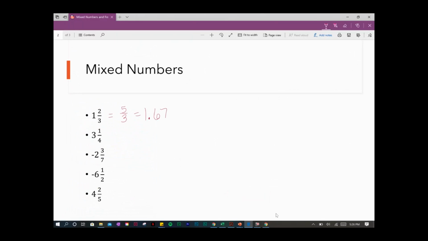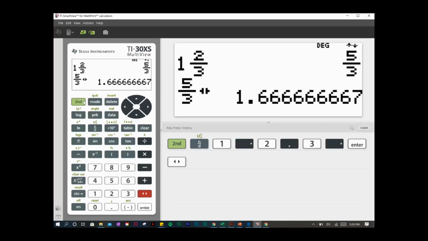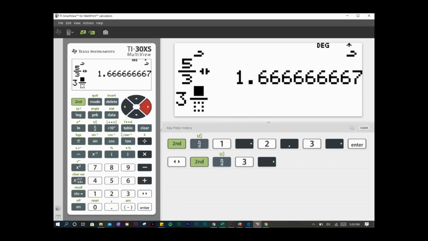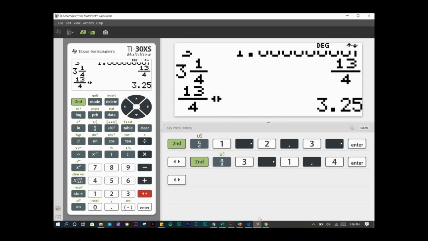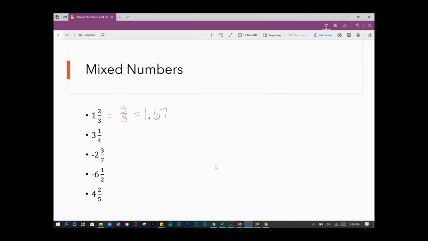All right, so now if we do 3 1/4 on our calculator, again, we need to hit second and then the n over d button. 3, 1/4 is 13/4, or as a decimal, 3.25. So we get that this is equivalent to 13/4 or 3.25.